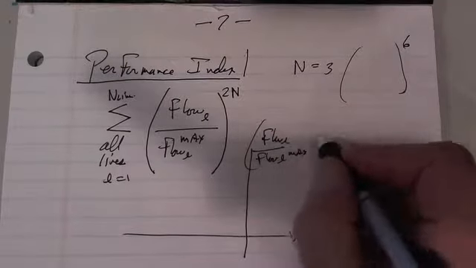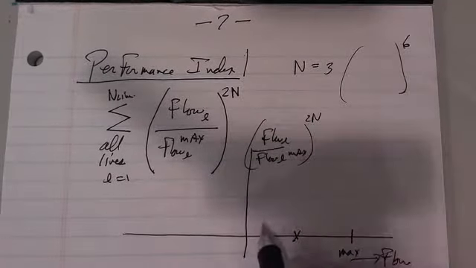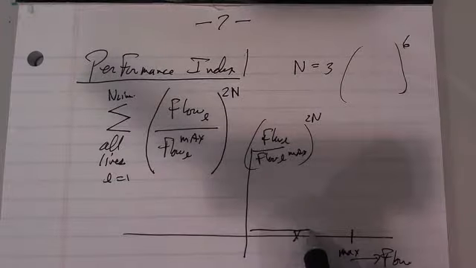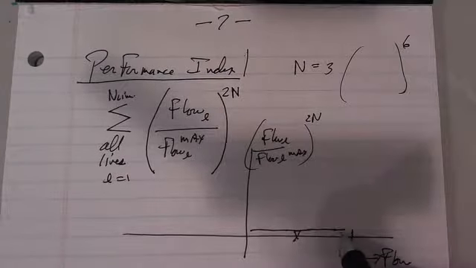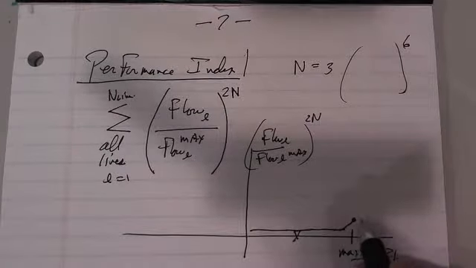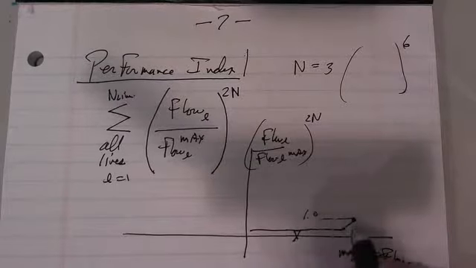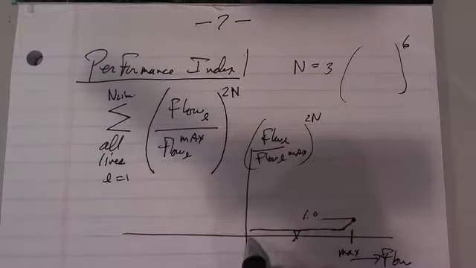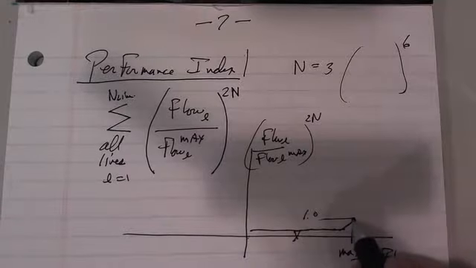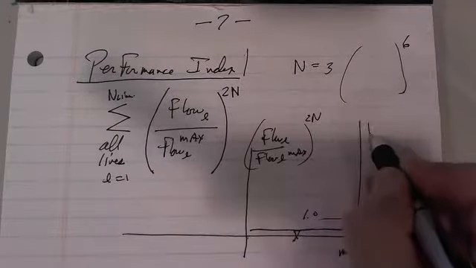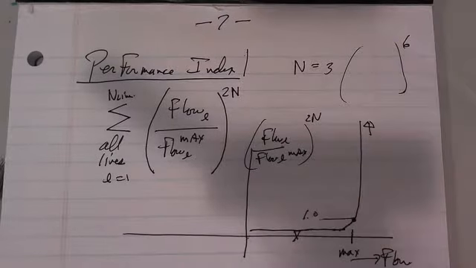So this term to the 2n is a very small number, and it doesn't move much until you get close to the max. When it gets to the max value, here's 1.0. Otherwise, it's very, very low, the further down you get. If it's 0.1, then it's 0.1 to the 6th power, which is 0.000001. It's just very small. And then it goes like this, boom, up to the sky.